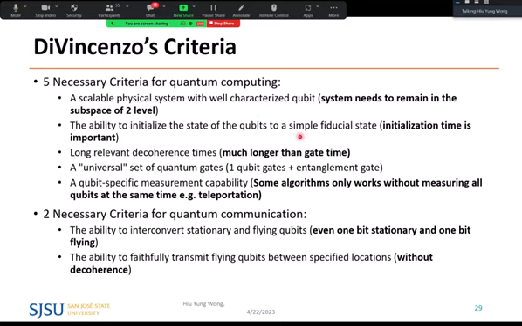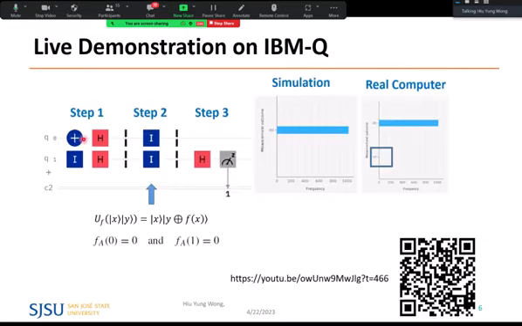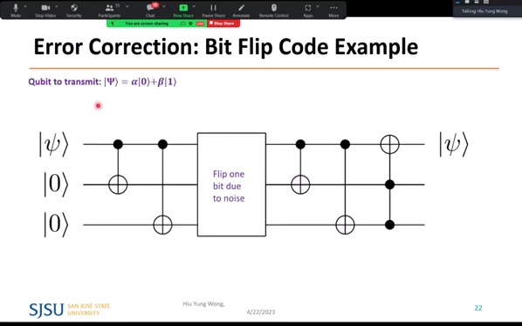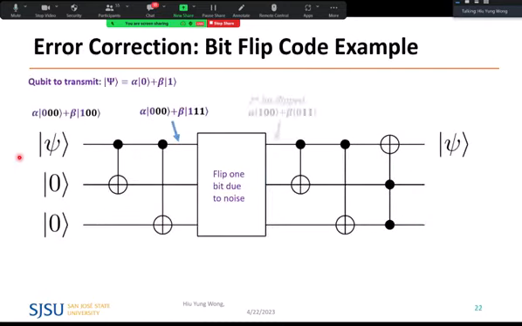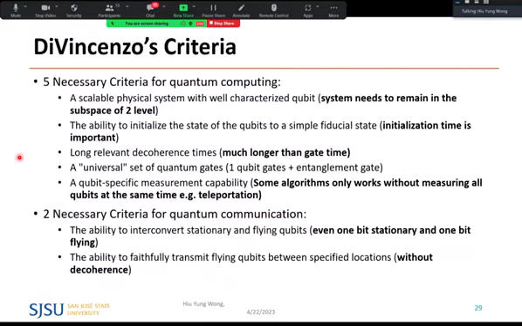You need to be able to initialize them quickly. If you just take a look at the algorithm I just showed you, we initialize it to 0, for example, 0 at the beginning. And that is the best way to start the quantum algorithm. Okay, and so you should be able to initialize it.